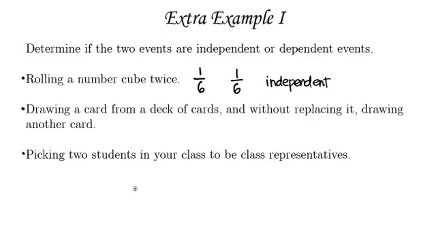If I don't put it back in, then when I draw my second card, my total is going to be different, so my probability will be different, because it's always desired outcome over the total. For my second draw, there's less cards in the deck, right? So in this case, this would be dependent, because the second draw depends on the first draw. The outcome of the second is affected by the first. So dependent.